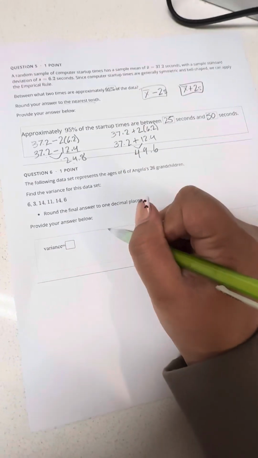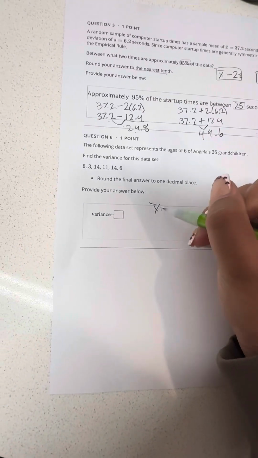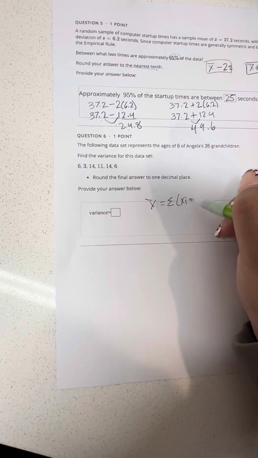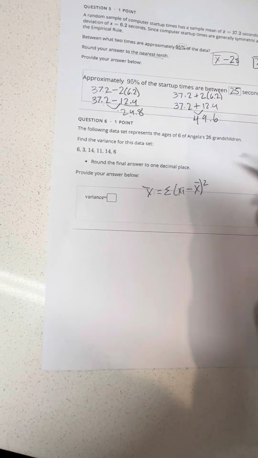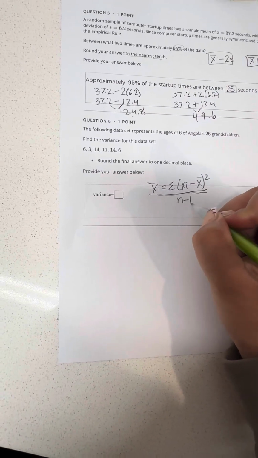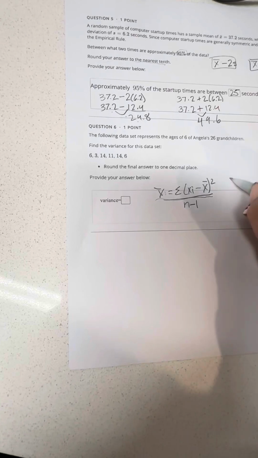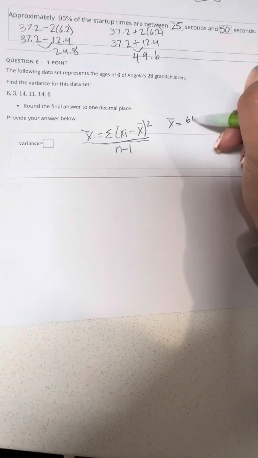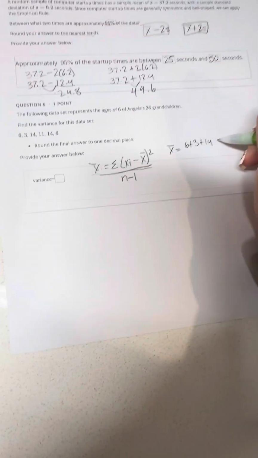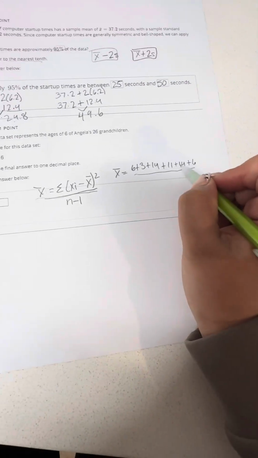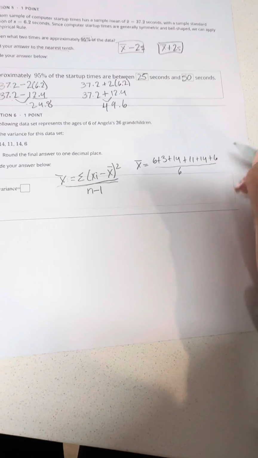And then for this one, we want to find the variance, right? The formula would be s squared equals the sum of xi minus x-bar squared, over n minus 1. We want to find the mean first. You do 6 plus 3 plus 14 plus 11 plus 14 plus 6, and then you divide by 6.